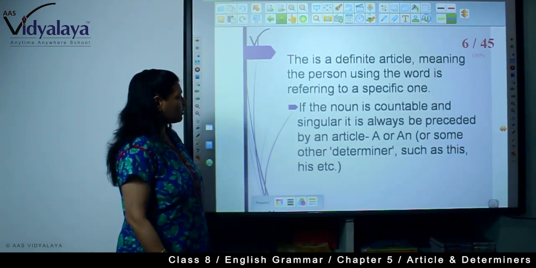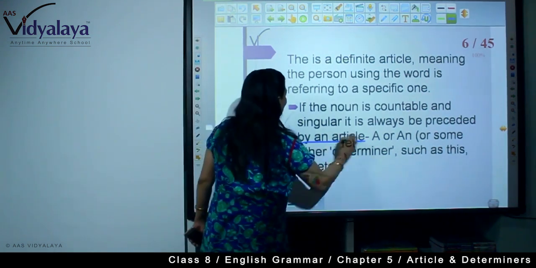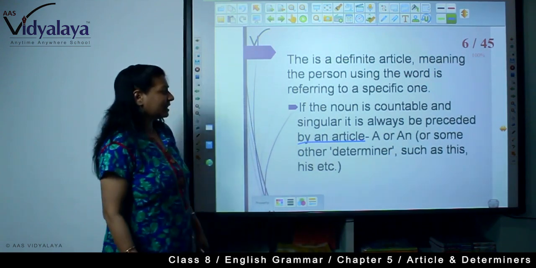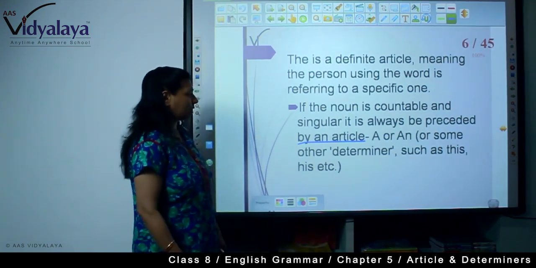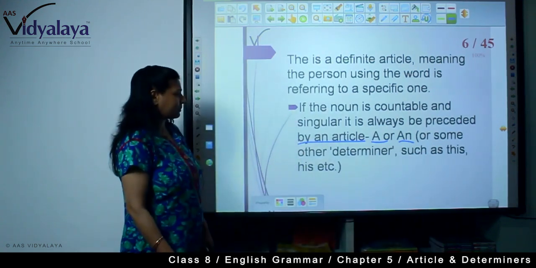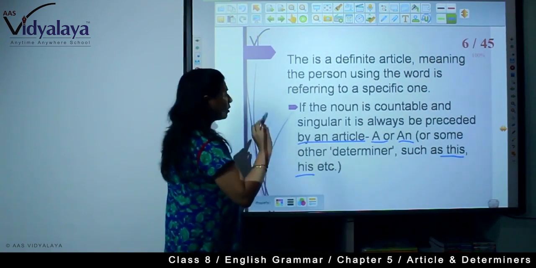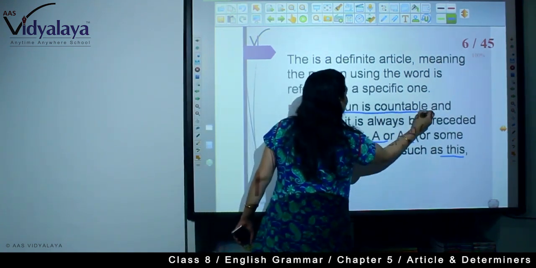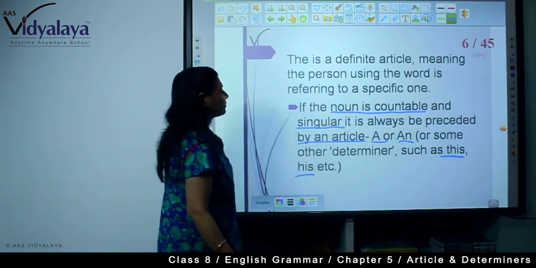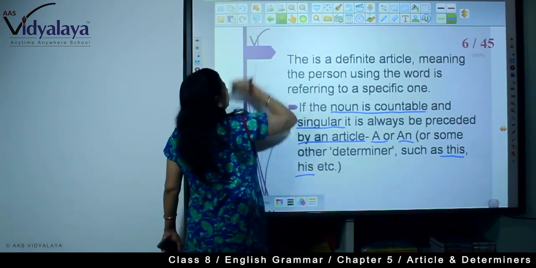If the noun is countable and singular, it is always preceded by an article, or some other determiner, for example, this and his.